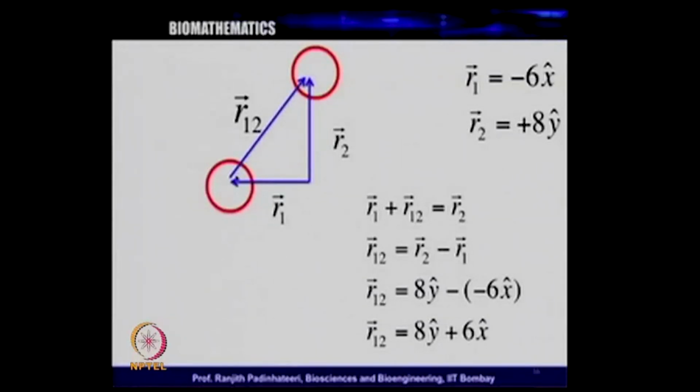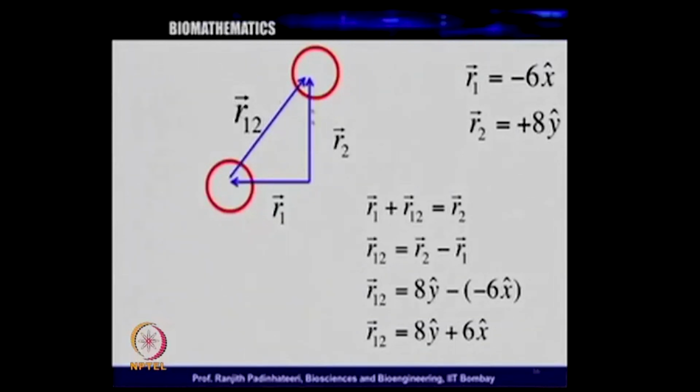We know that R1 is minus 6x, you have to go 6 in the minus x direction. R2 is plus 8y, you have to go plus 8 along the y axis. Now, what is R12? That is the question we are asking.